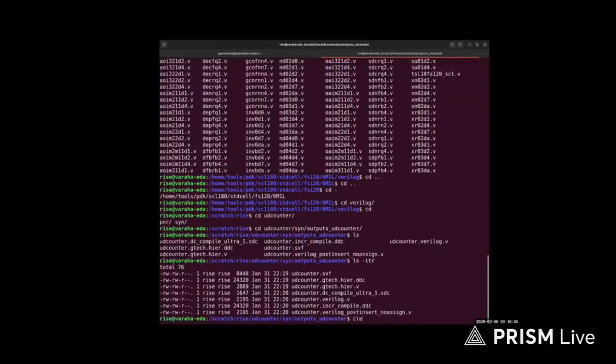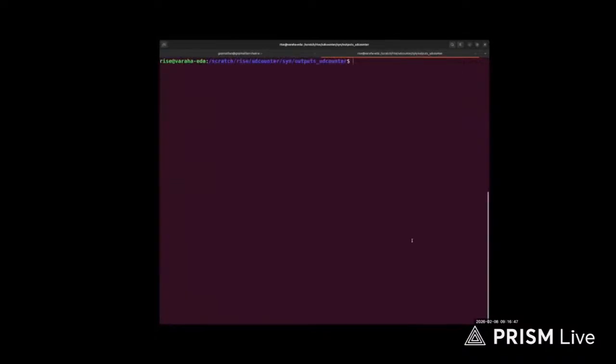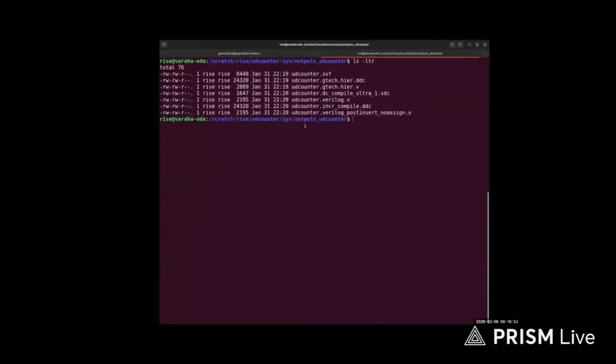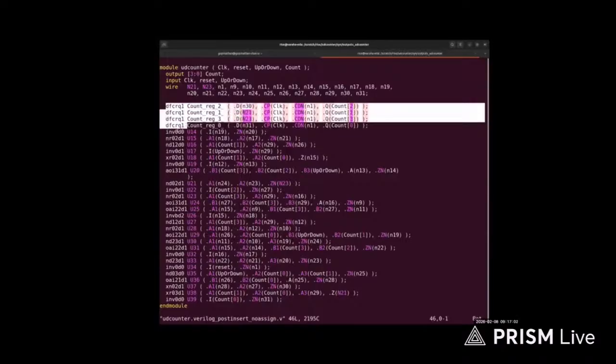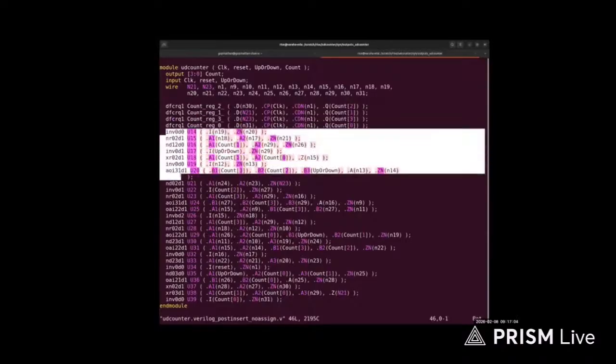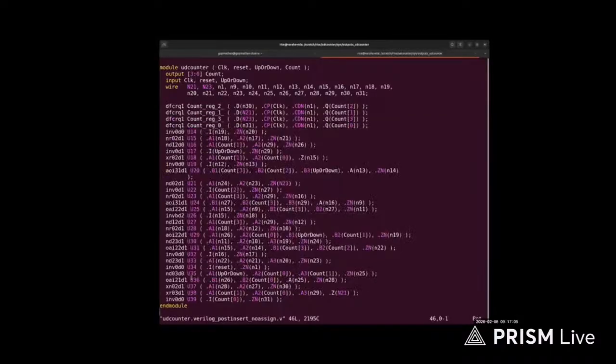So this is the up-down counter netlist. This has 4 flip-flops and these many inverters. If you see, these are instantiated here.